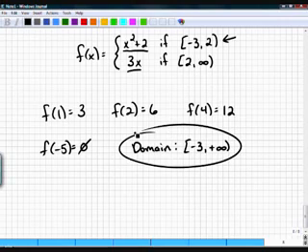We can plug in from negative 3 to 2 in the first one, from 2 to infinity in the second one, so the domain is anything from negative 3 to positive infinity. Or you could say x cannot be what? Negative infinity to, good job, negative infinity to negative 3, not including negative 3. Perfect.